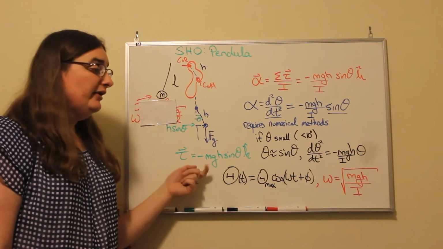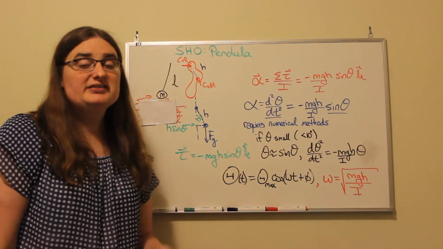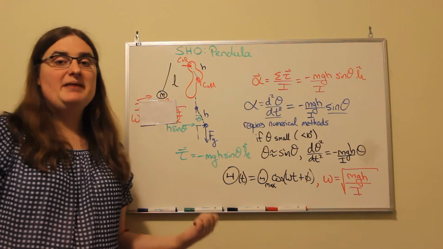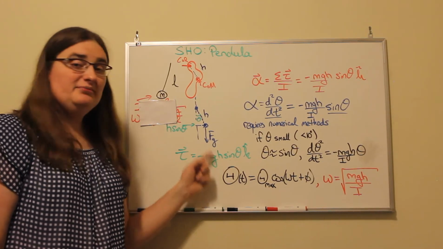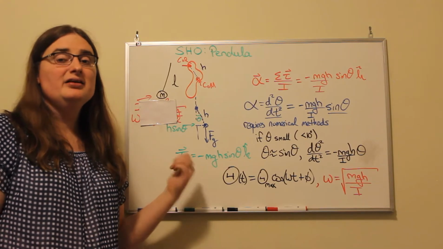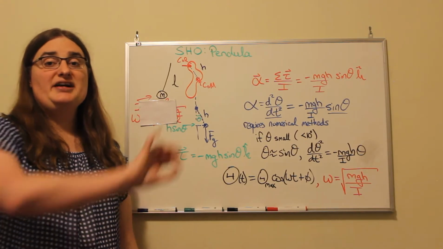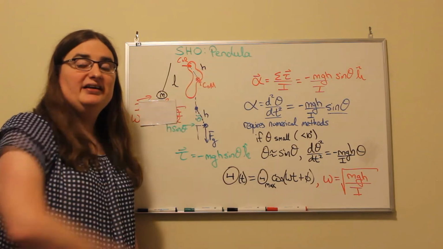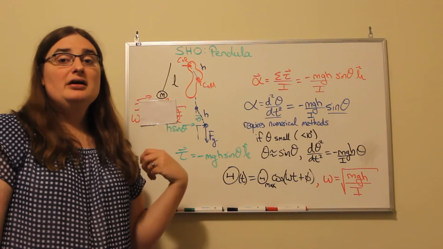The torque acting on my object is equal to the weight of the object, the mass times gravity, times this lever arm, the distance h, times the sine of the angle theta, in the minus k hat direction, because it would be rotating clockwise as I drew it.